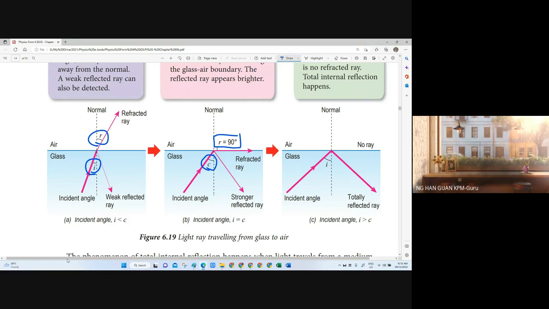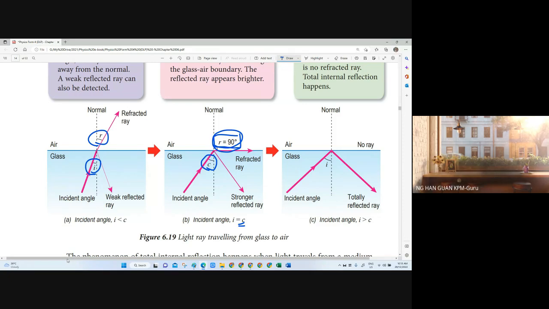When the incident angle in the optically denser medium is such that the refracted angle is 90 degrees, we call this incident angle the critical angle. We give it the symbol C for critical angle.